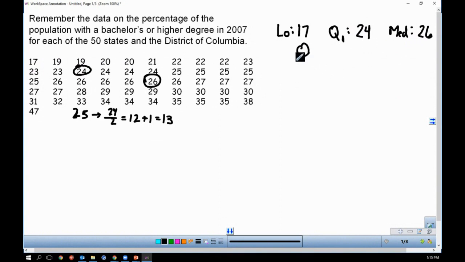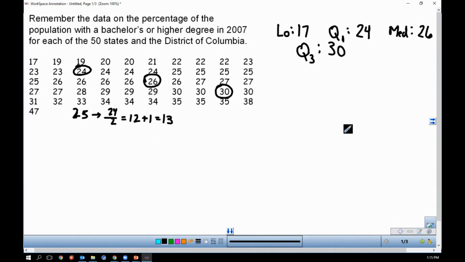Now we need to get Q3. Well, we can again count 13 from the end, and that'll be Q3. 11, 12, 13.